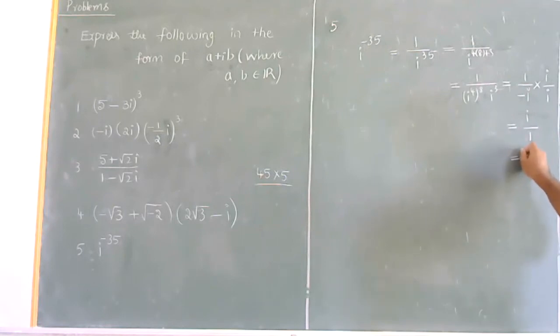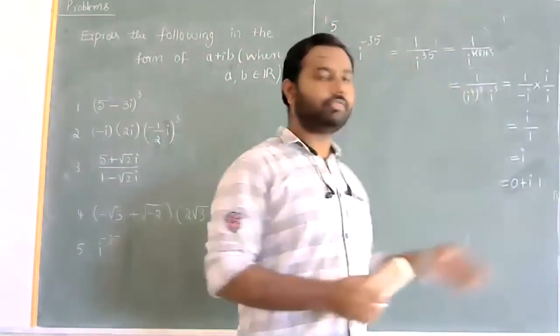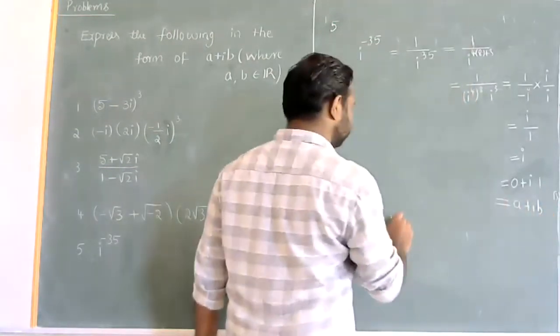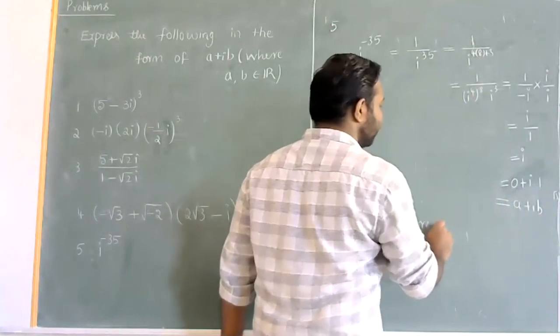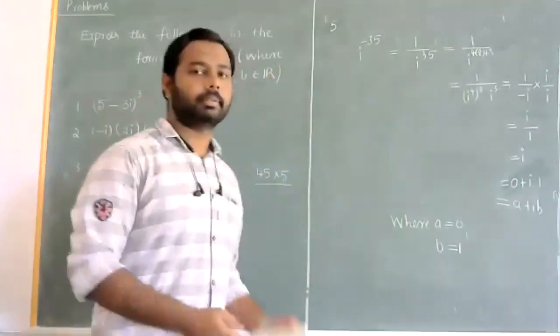So it is i, or it is 0 plus i into 1. We have the A plus iB form where A is 0, B is 1.